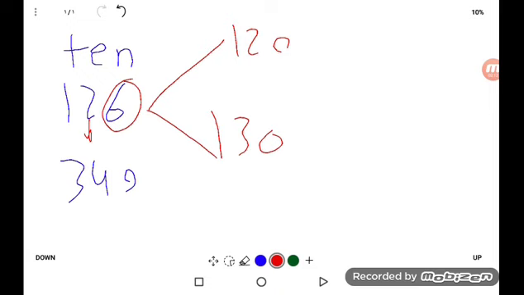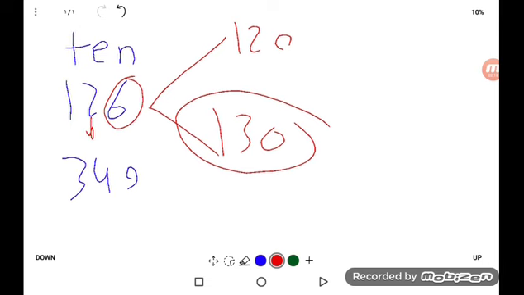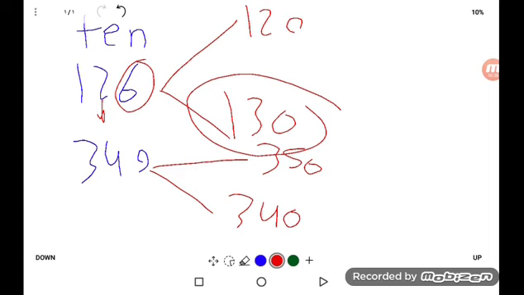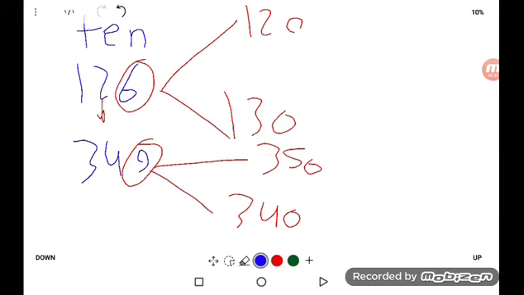So 6 is greater than 5, so the answer is 130. Now here, it either becomes 350 or 340. So we have 9 here, greater than 5, so the answer is 350. We round it up.